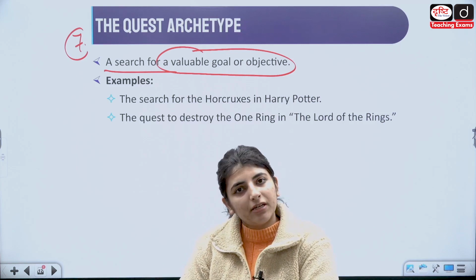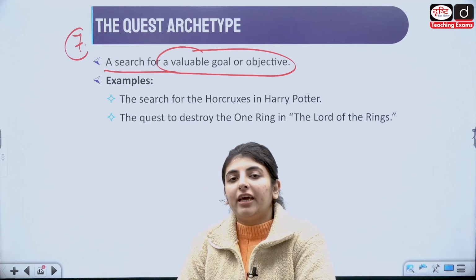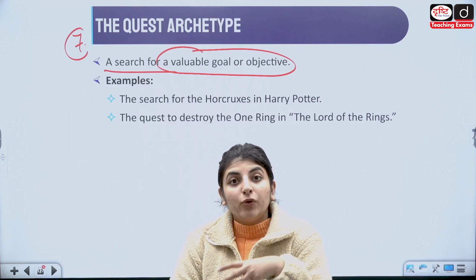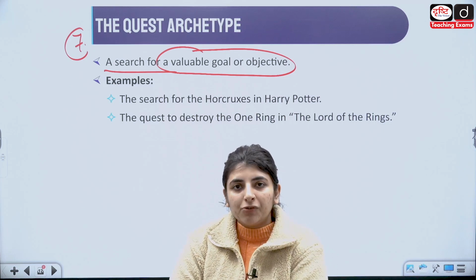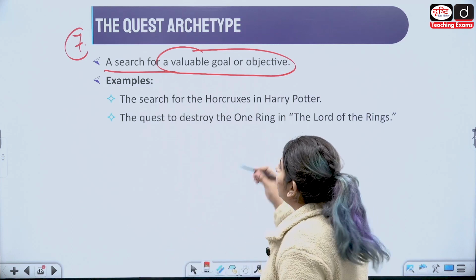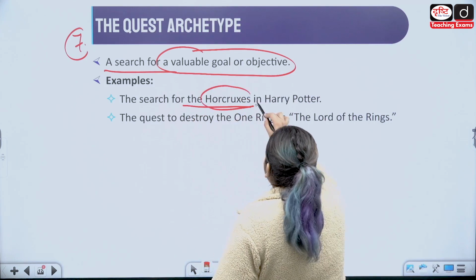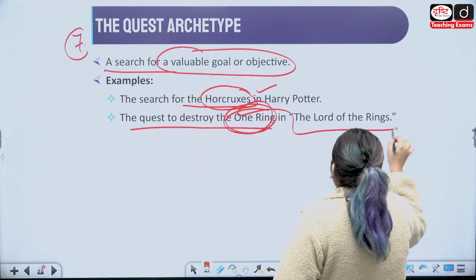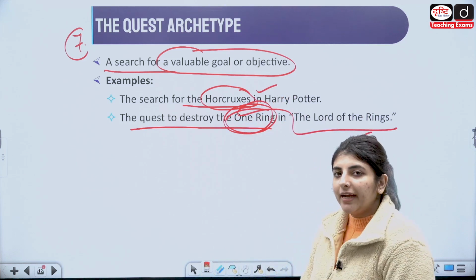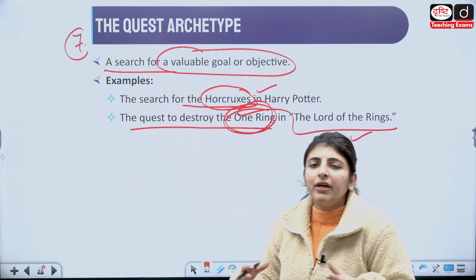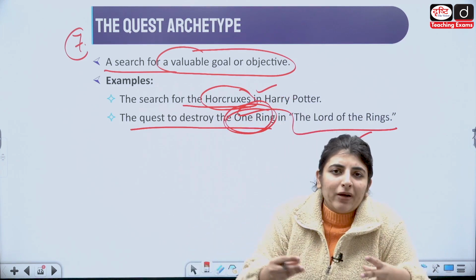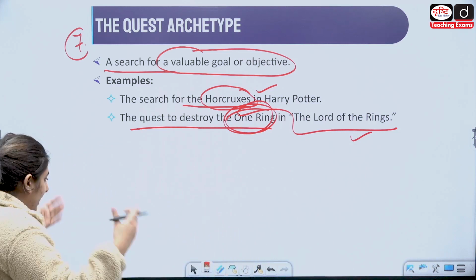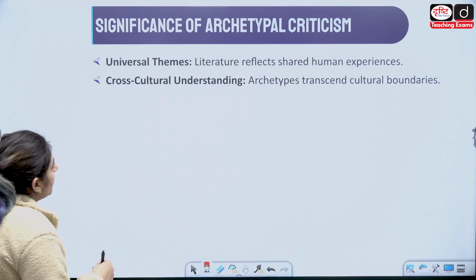He should be determined enough to fight, even if they are his cousins, because eventually they are going to establish some sort of moral grounds through the final quest that they are going to have. The search for Horcruxes in Harry Potter and the quest to destroy the one ring in the Lord of the Rings, right? So these are searching for anything, anyone, any question's answer, which is the quest archetype. You are trying to find an answer to anything.